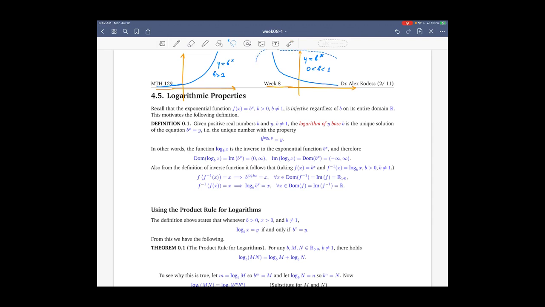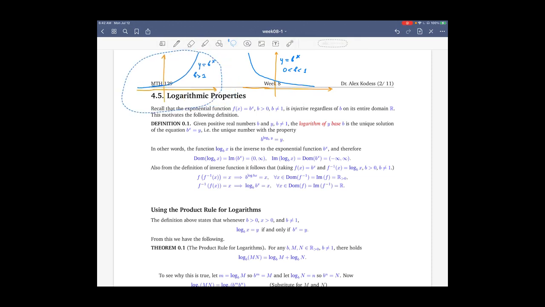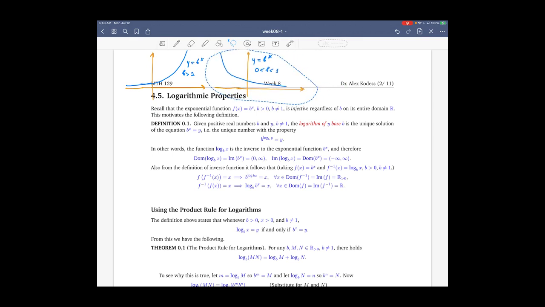Remember the graphs of the logarithmic function. So there are two types of logarithmic functions, those with base greater than 1.